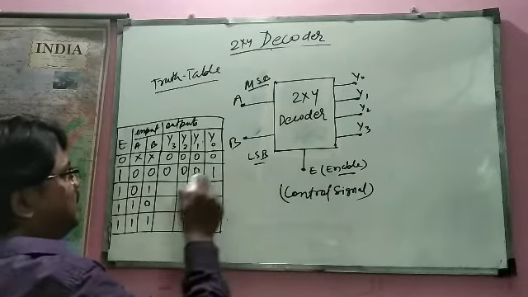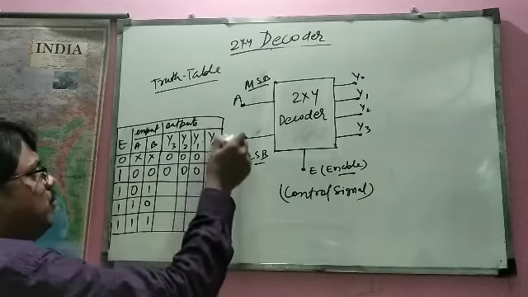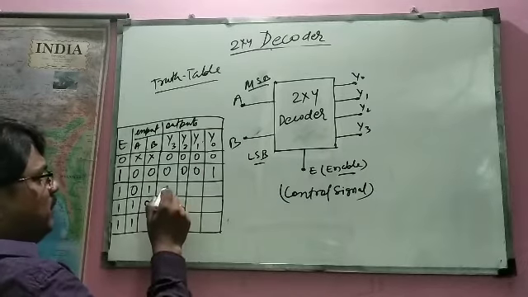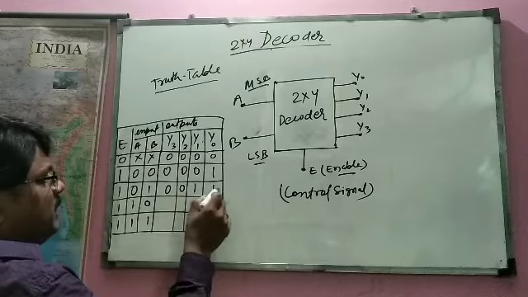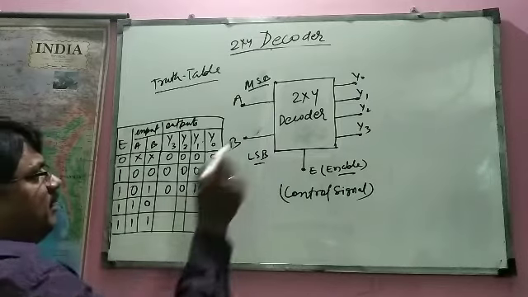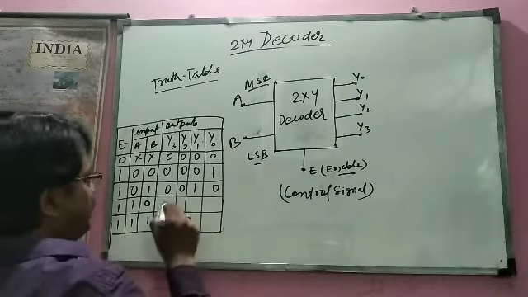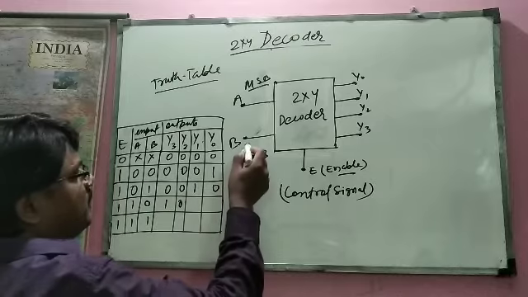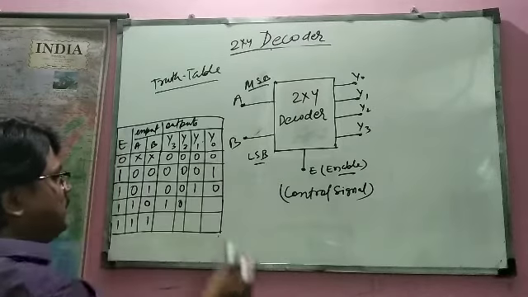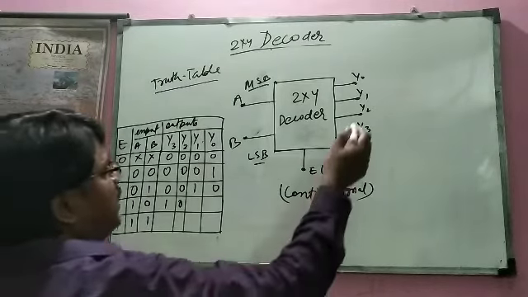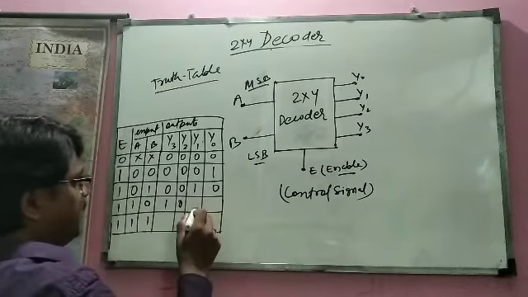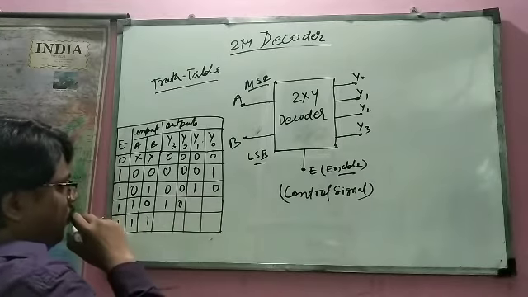And if A is 0 and B is 1, then this will be Y1, and if A is high and B is low, then this will be high.